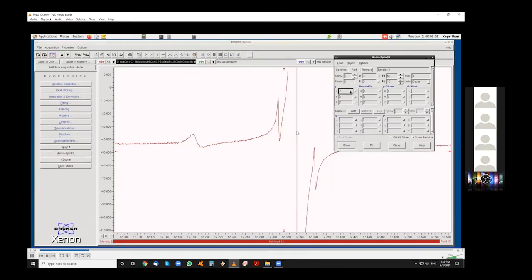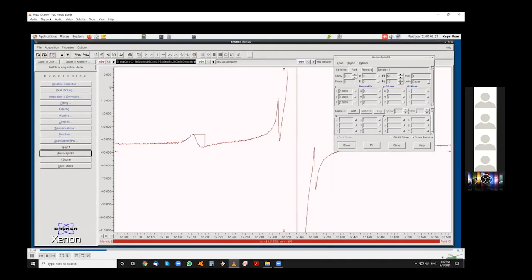So what I'm doing here is again the same procedure of measuring the G values corresponding to each line and completing the parameters. So I think we can go a little bit faster here.